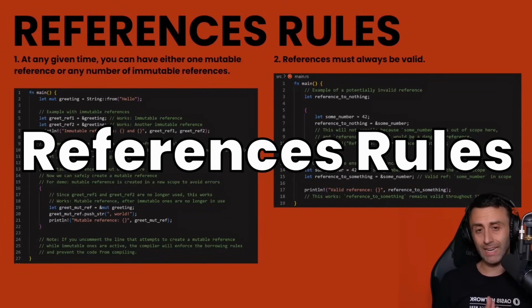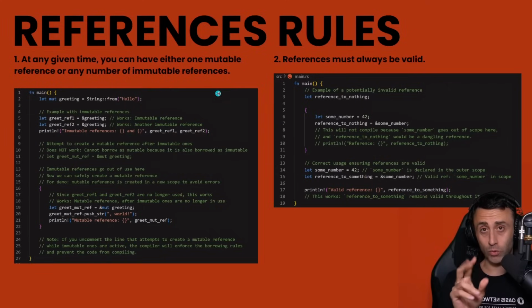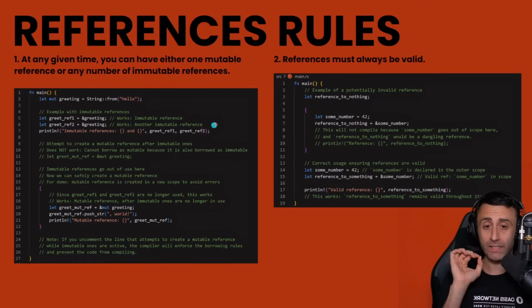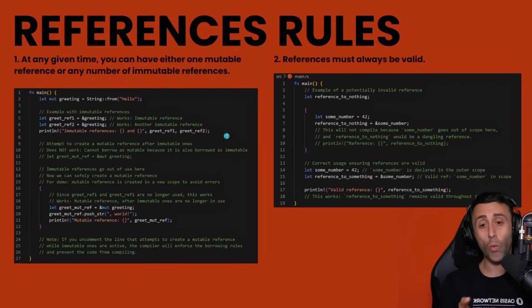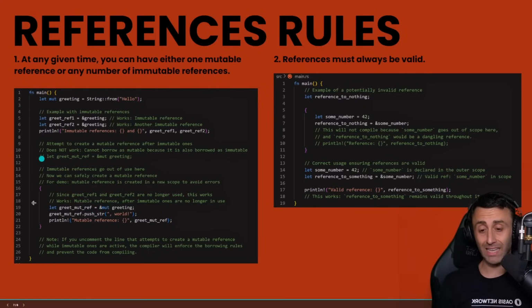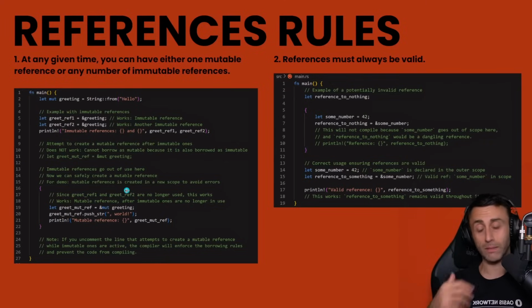This was our first lesson about references and borrowing in Rust. Two important rules. Number one, at any given time, you can have either one mutable reference or any number of immutable references, and we can't mix them in the same scope unless we create some inner scope, for example using a print statement, or we do something with those immutable references.